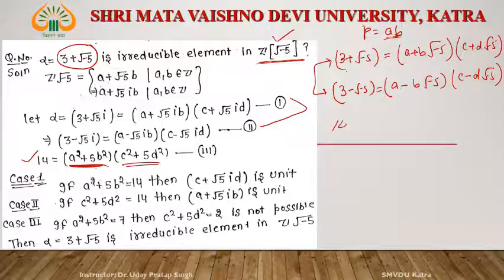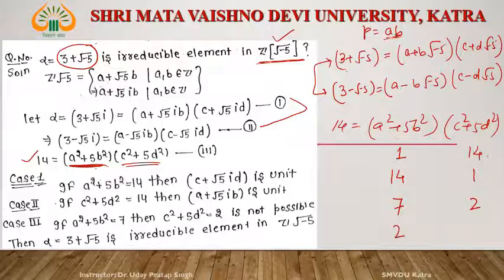It means 14 is equal to (a squared plus 5b squared) into (c squared plus 5d squared). So what is 14? 14 is basically a product of two numbers. One is this and the second one is this. So this is either equal to 1 and this one is 14, or this one is 14 and this is 1, or this is 7 and this one is 2, or this is 2 and this one is 7. This is the total possibility.